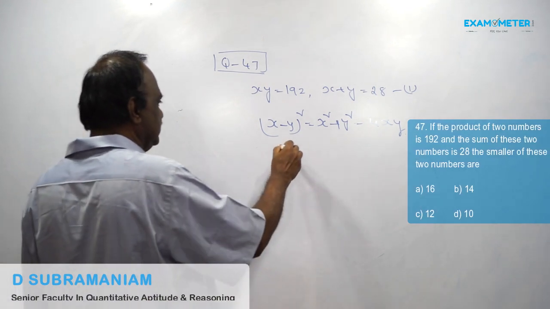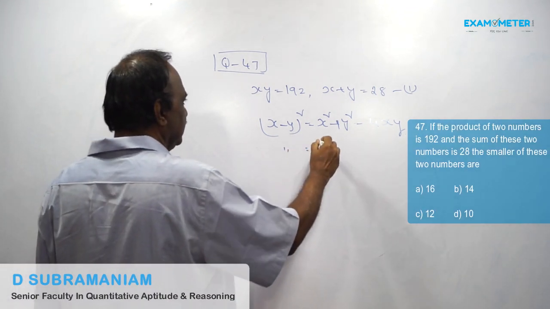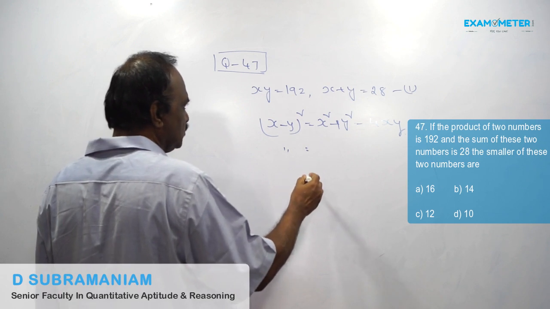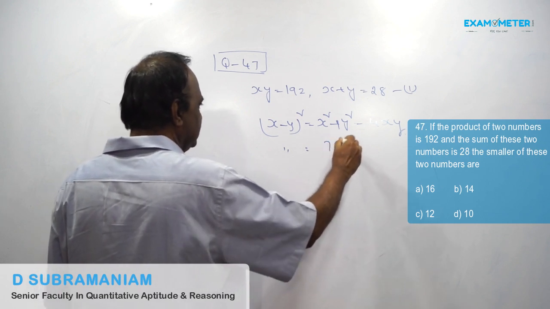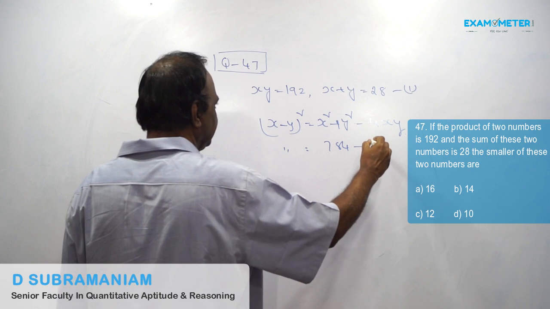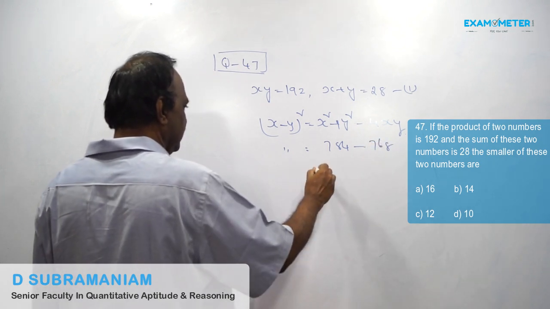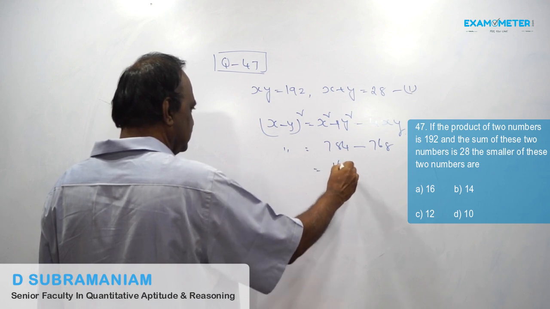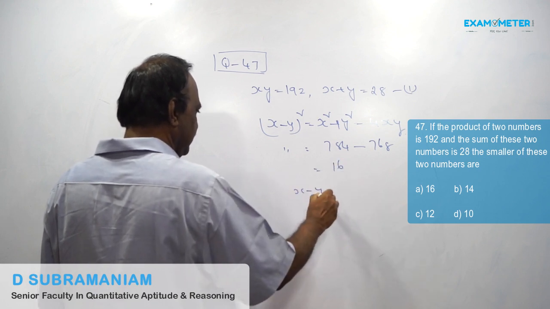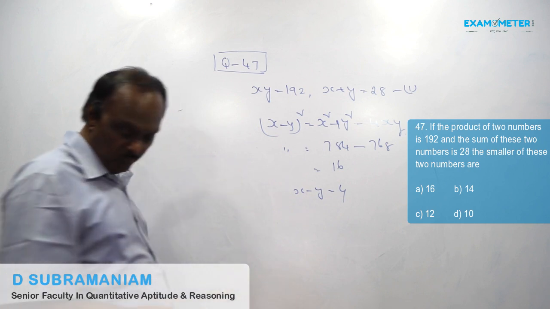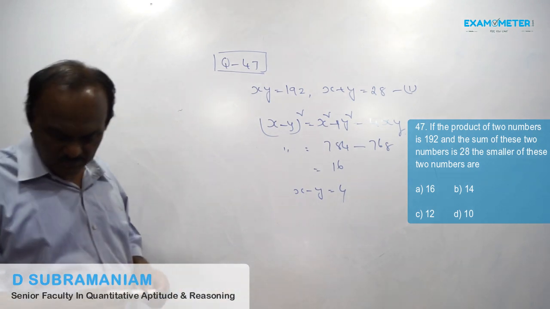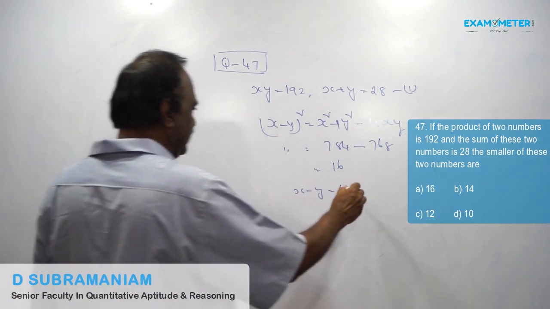So this is equal to 784 minus 768. This is equal to 16. x minus y is equal to 4. This is the second equation.